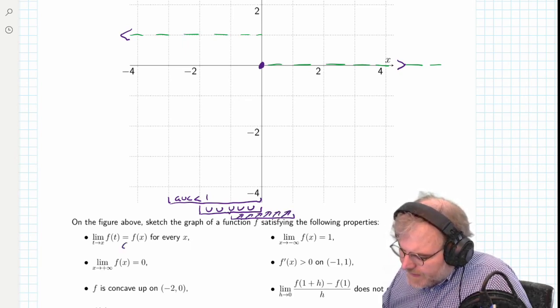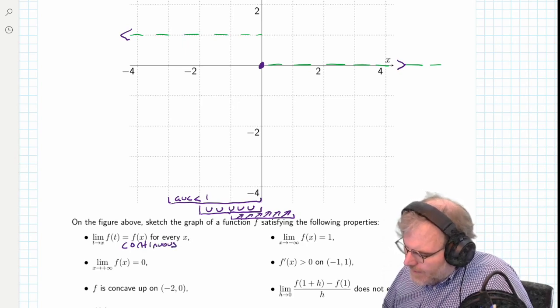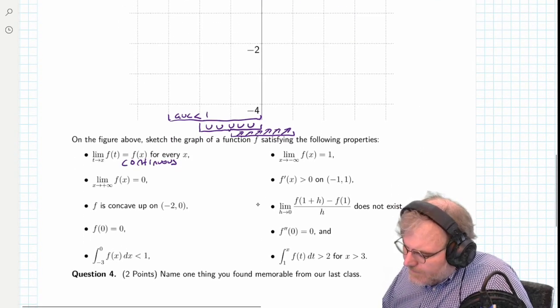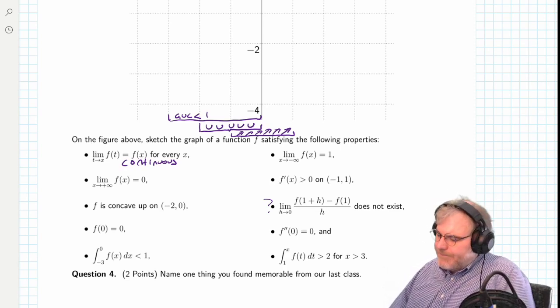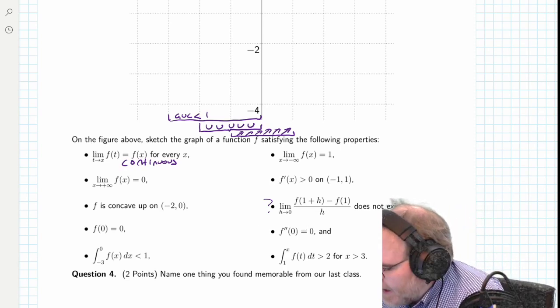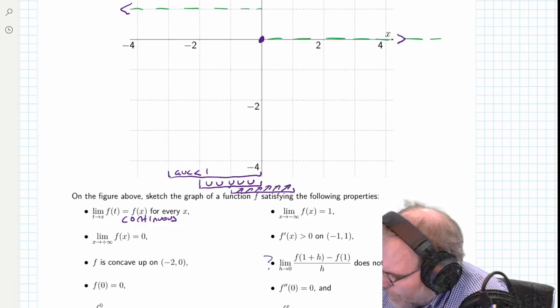Okay, this one means continuous, as was said in chat. Now, what does this one mean? All right, someone tell me what that is in chat. F double prime of x equals 0. That means I've got an inflection point here. And that means that these are going to be concave down.